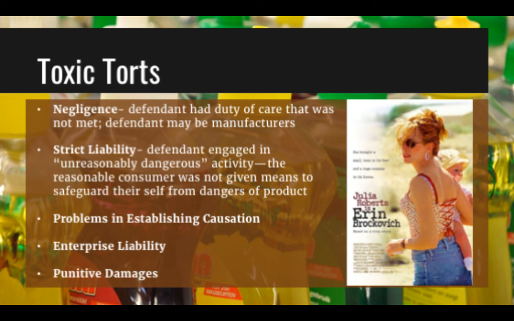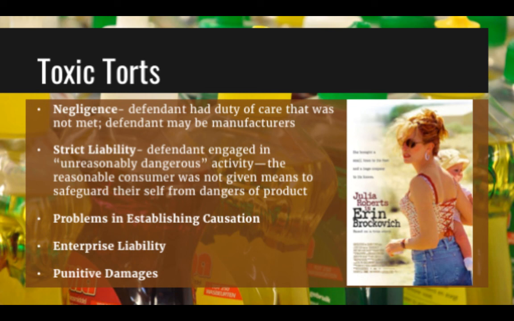Enterprise or market share liability happens when a manufacturer that produced a defective product that was sold interchangeably with other brands of the same product can be held responsible for the percentage of injuries proportional to the percentage of the market share.